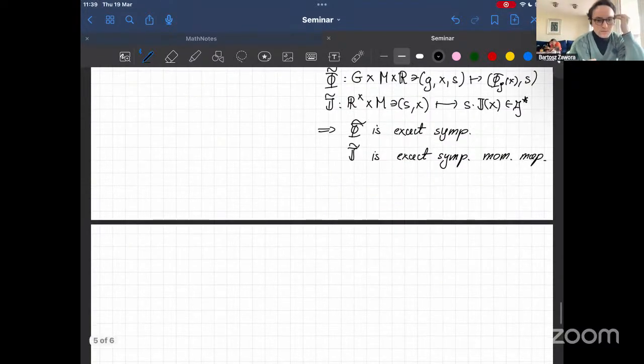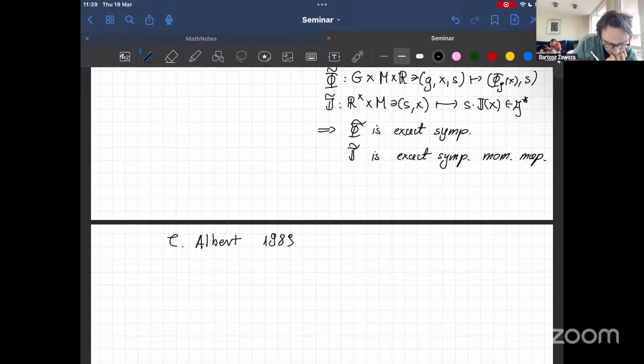The first approach was made by C. Albert in 1989, and he devised the contact reduction in the sense that we start from a contact manifold and we end up with a lower dimensional manifold with also a contact structure.